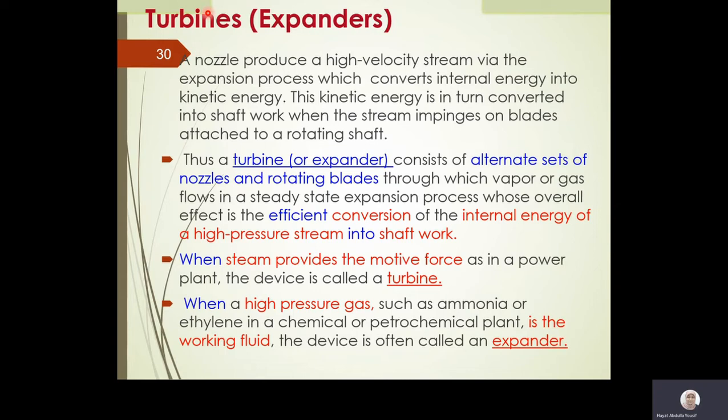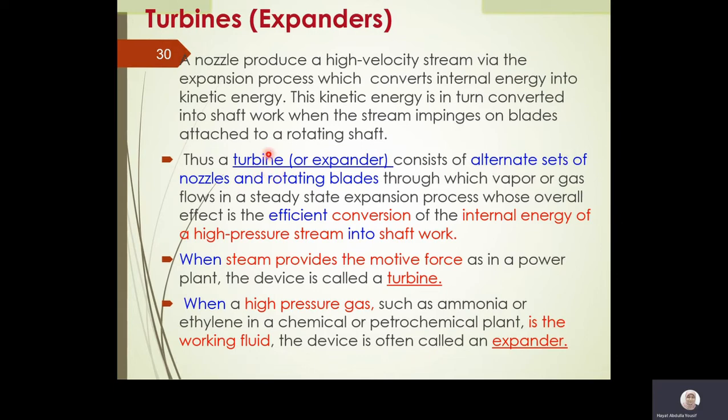Because of the kinetic energy at the outlet, the blade will rotate, because of the increase in the velocity at the outlet of the nozzle, and in this case I will have work that comes out. So the turbine is just a combination of nozzle and rotating blades together. The alternating set of nozzle and rotating blades is actually the turbine.